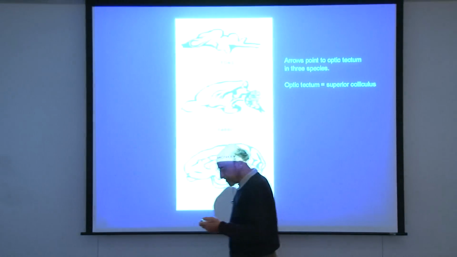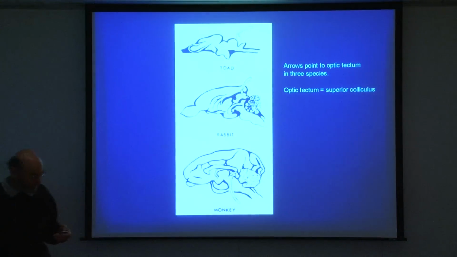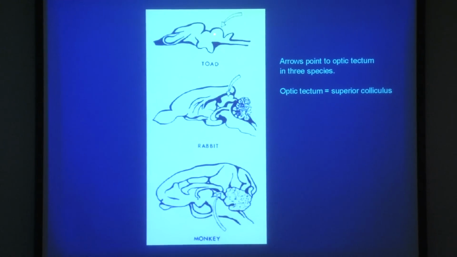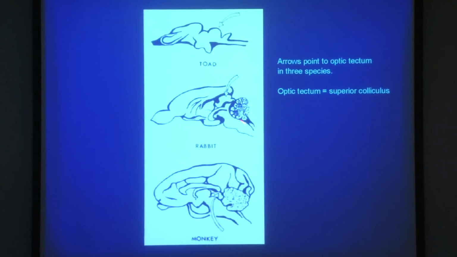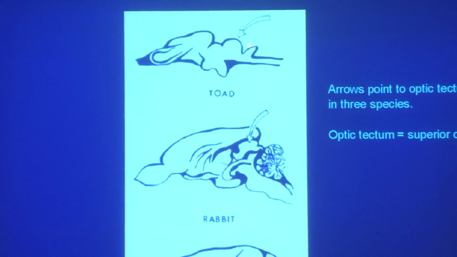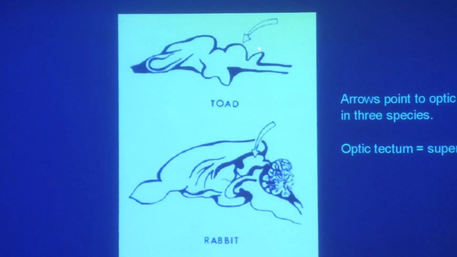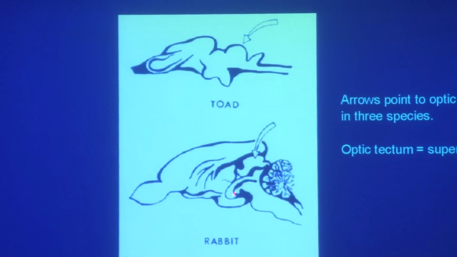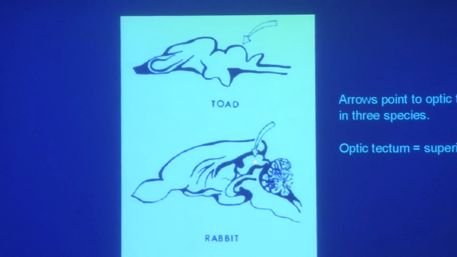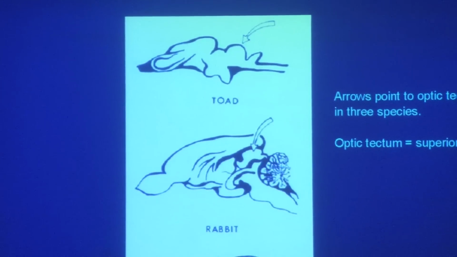Now, to make this clear, let me show you three drawings of a so-called toad, a rabbit, and a monkey. What you see here, in the toad, is the superior colliculus. This structure is quite large relative to the rest of the brain. Then, when you come to the rabbit, there is some degree of encephalization, so this structure is much smaller relative to the rest of the brain.